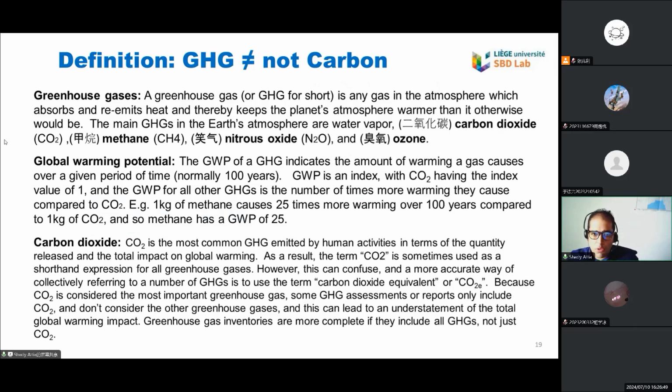Now, when we talk about greenhouse gas emissions, we need to distinguish two general terms. The world is very complex, and we are talking sometimes to people with very basic education, sometimes to professionals, and sometimes to scientists.